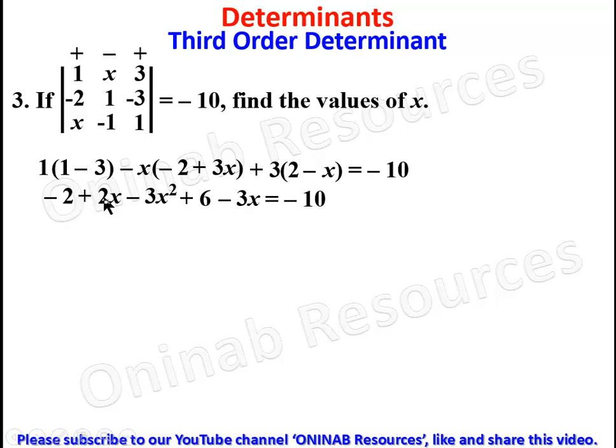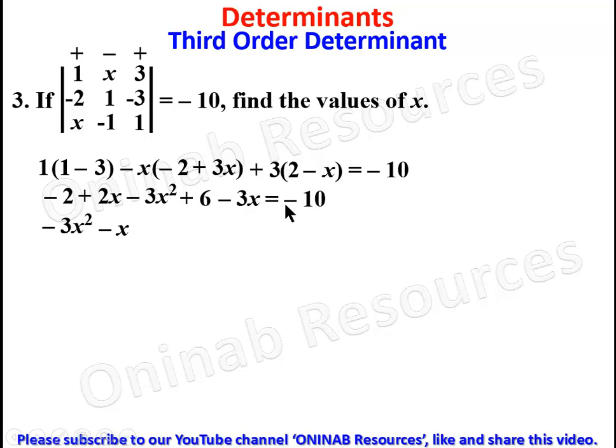So now I collect the like terms starting with the highest power. This is negative 3x squared. 2x minus 3x gives negative x. Then I am bringing this to this side, so that we now have negative 2 plus 6 gives 4.